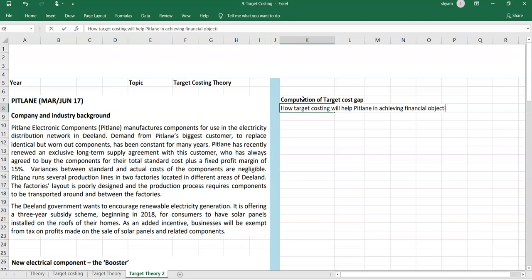So these are the points that we have to look for.